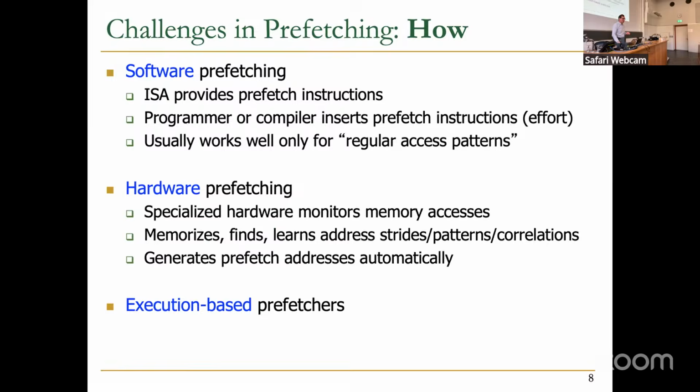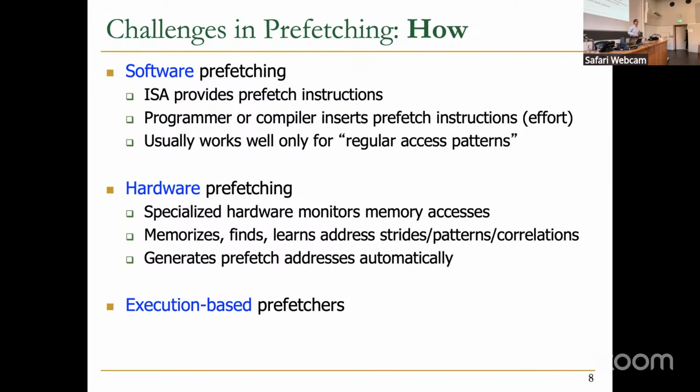Hardware prefetching is essentially what you think. There's specialized hardware that you add where you monitor the memory accesses. And this hardware can memorize or find or learn different patterns in the access stream, the address stream. It could be stride, as we will see. It could be correlations. It could be something else, as we will see. And the hardware generates prefetch addresses automatically. Of course, you can combine these things also.